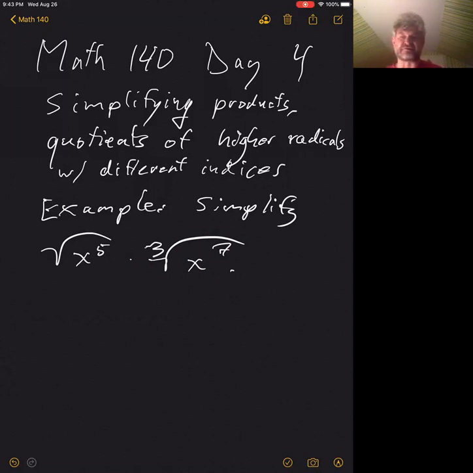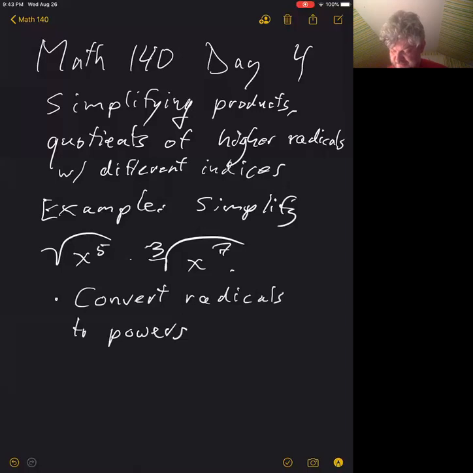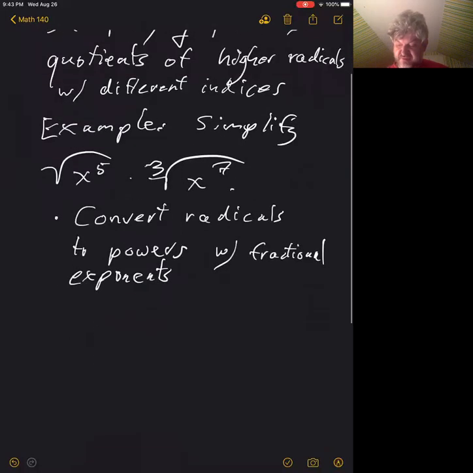Convert these radicals to powers with fractional exponents. So you do that for both of them.